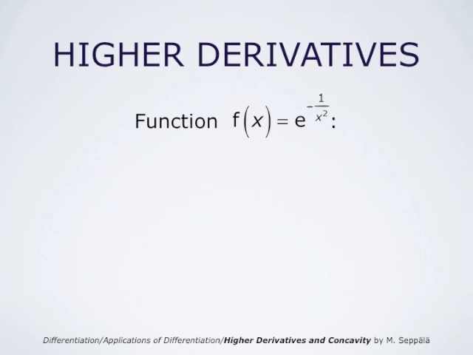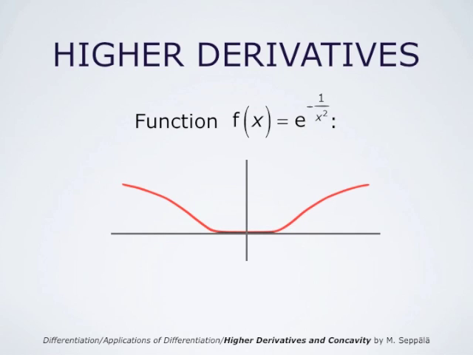The function defined by the expression e to the negative 1 over x squared when x is different from 0 and 0 when x is 0 is particularly interesting. The graph of this function f looks like the cross-section of a bowl. Near the origin, the graph is almost identical to the x-axis, and one can show that all the derivatives of this function at x equals 0 are 0.